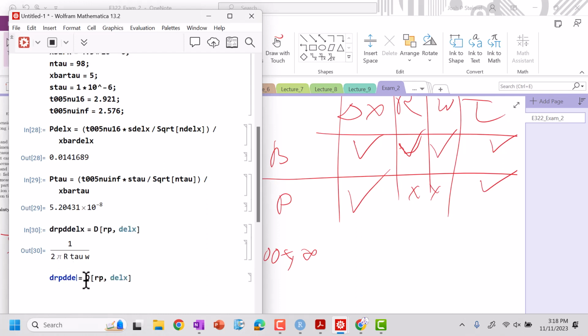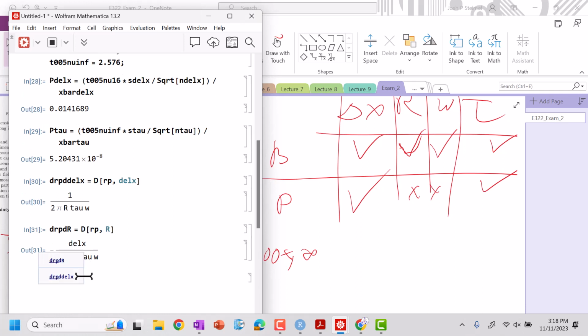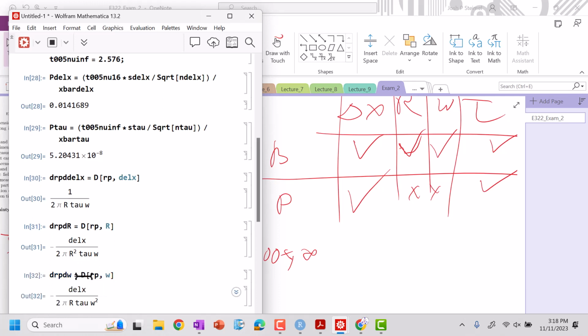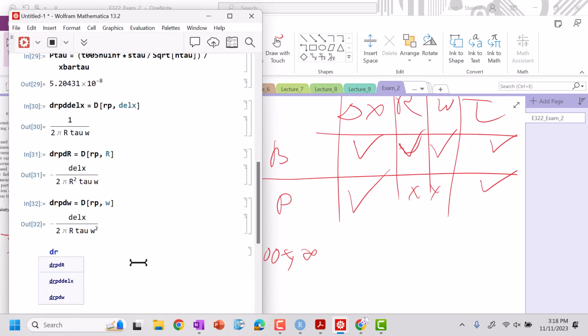So instead of del x, we're going to have d rp d r with respect to r, d rp d w equals derivative of rp with respect to w, and then finally d rp d tau is equal to derivative of rp with respect to tau.